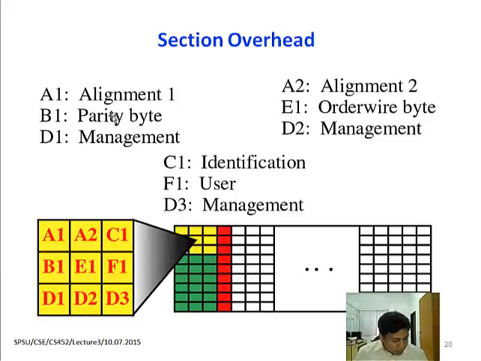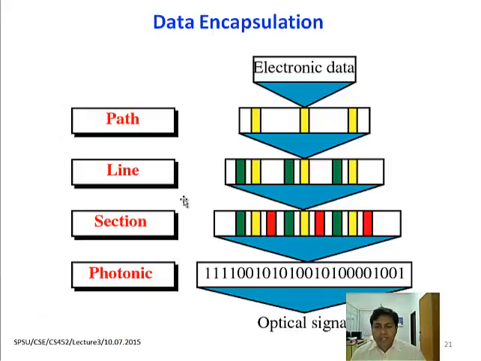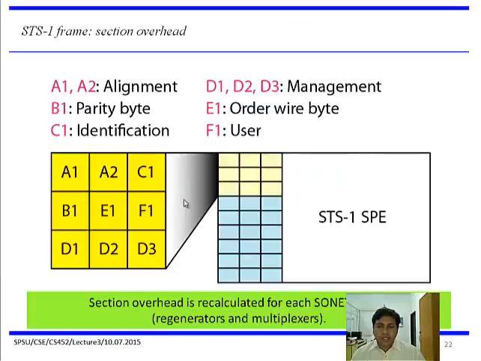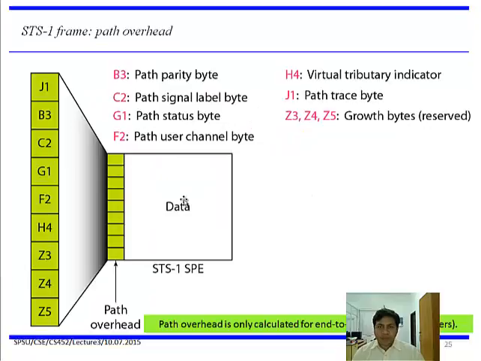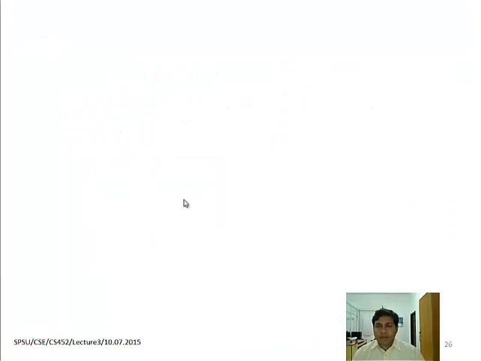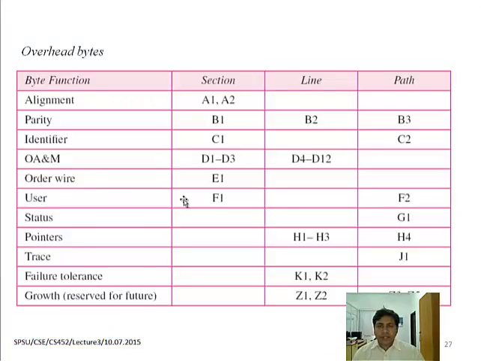If you look into the alignment, we have different measures for identifying different paths, lines and sections, and this is my data encapsulation. Now this is my line overhead, this is my path overhead, and these come under different overhead bytes.